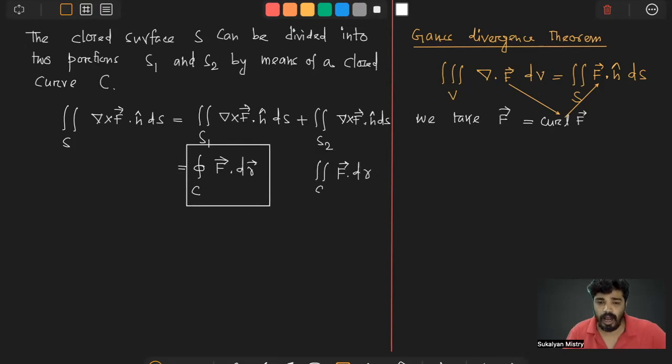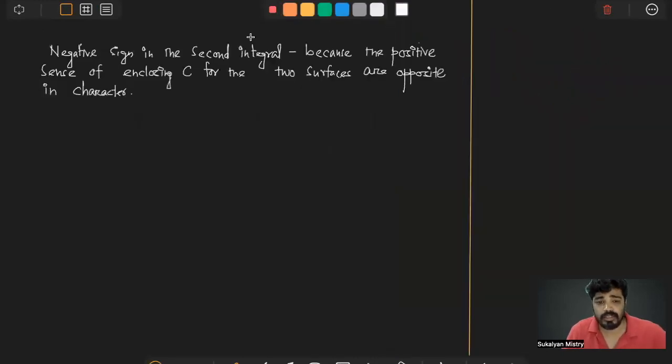Now I consider a minus sign here. What is the reason? Why do we consider the minus sign? Because the negative sign is taken in the second integral, because the positive sense of the enclosing curve C for the two surfaces are opposite in character. We divided S into two partitions, S1 and S2, both enclosed by the curve C, so these are opposite in character.